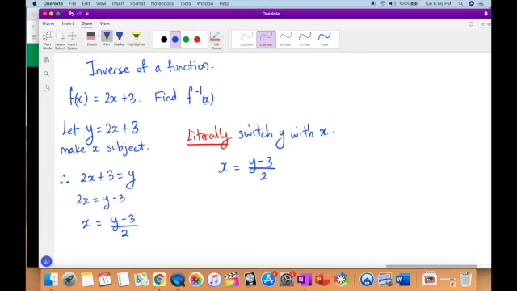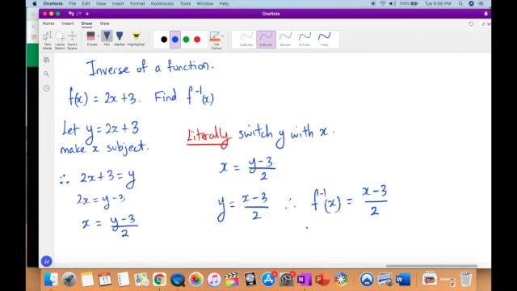There's no making the subject of the formula, no algebra, literally just switch it. So I'll put now y is equal to x minus 3 over 2. And that's it, you're done. Therefore, the f inverse of x is equal to x minus 3 over 2. That's it.